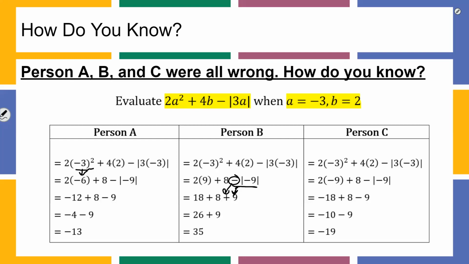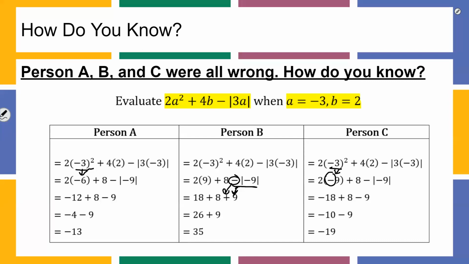Right, and then person C, go ahead. And what's wrong with this one? It should be a positive, right?